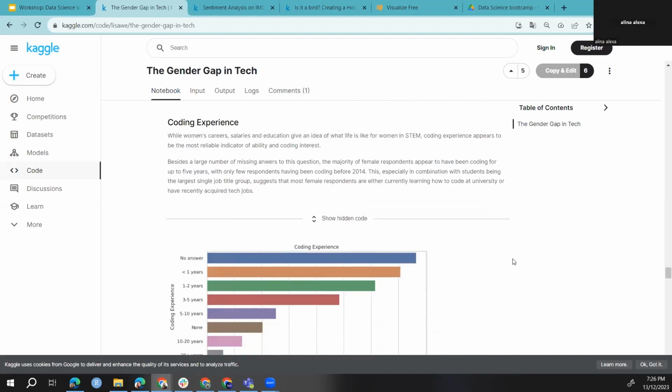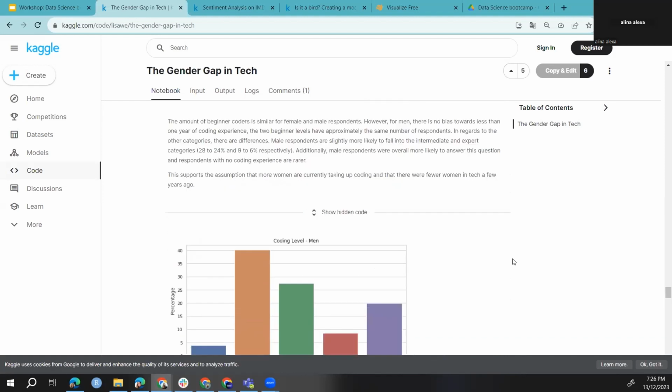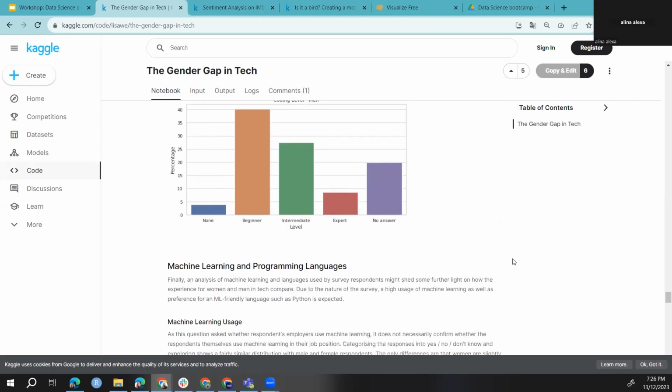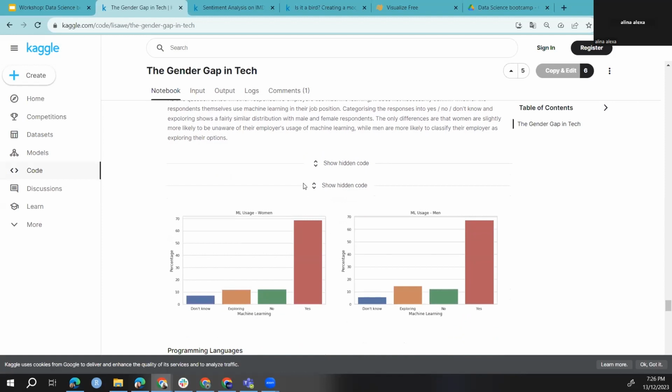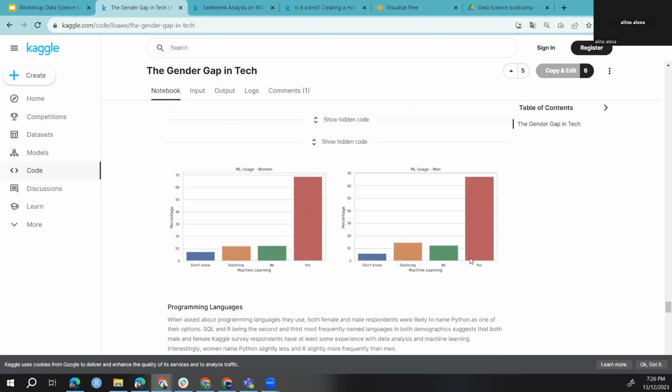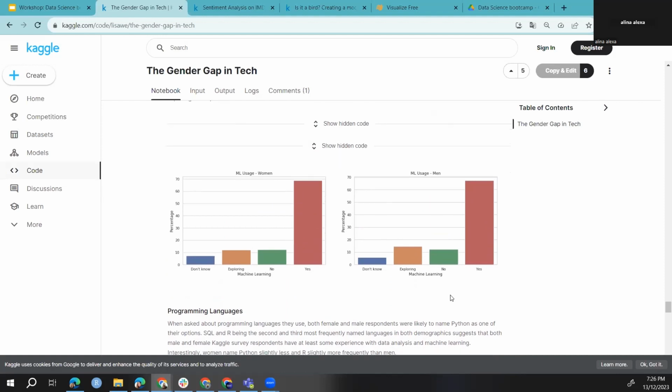So as you see, this is the project. And as I explained before, you could go 1, 2, 3, 4. We're not predicting anything, yeah? In here, she's looking at machine learning, programming, and what programming languages. So women, they use machine learning, okay.